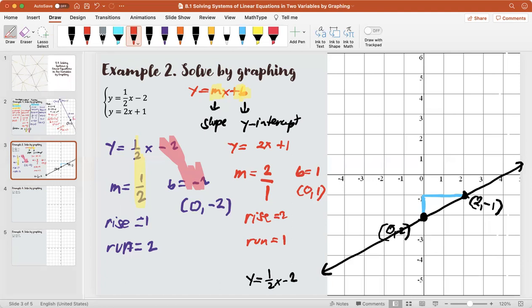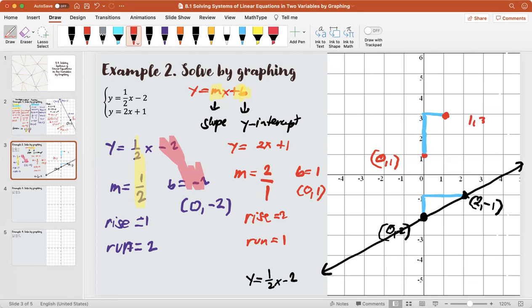Plot the point 0, 1. Where is 0, 1 in the y-axis? It's 1 unit above the point of origin. So this is 0, 1. Up next, locate another point by doing rise over run. 2 is the rise, so that would be 1, 2, run 1, and here's another point with coordinates 1, 3.